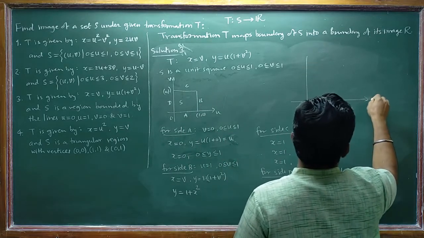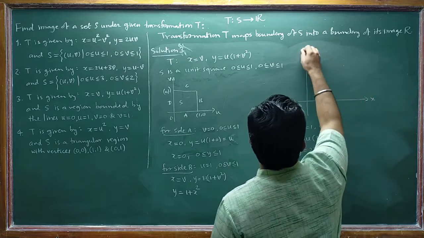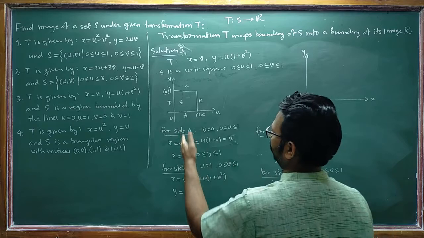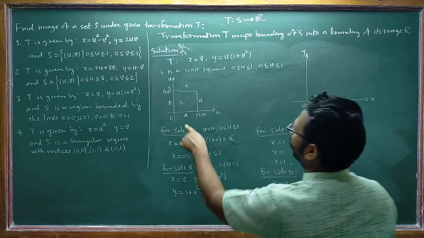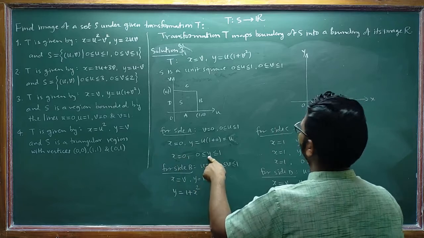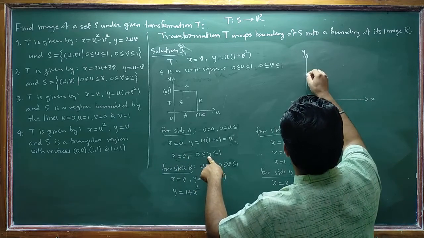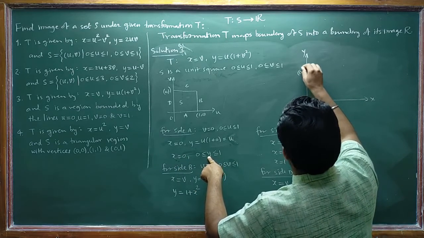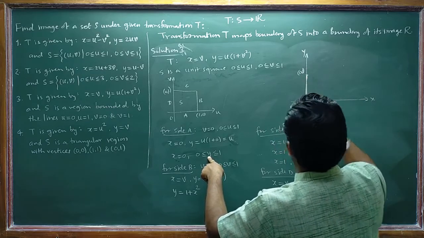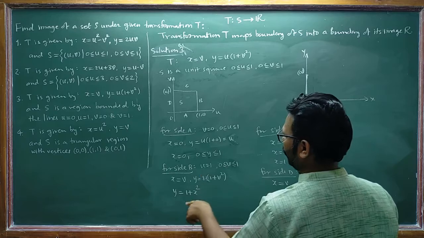So this is x axis, y axis, origin, and how the side A is transformed. Side A is x equal to 0, that means y axis, and y varies from 0 to 1. Okay, y varies from 0 to 1. So this is the image of side A. Okay.